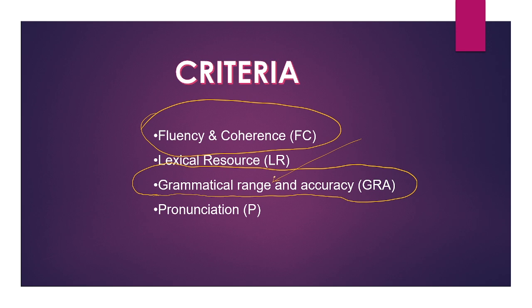It includes different types of sentences like simple, compound and complex sentences, and tenses. Also the use of active and passive voice fluently without any confusion. That is what is measured in your grammatical range and accuracy, in this third criterion.